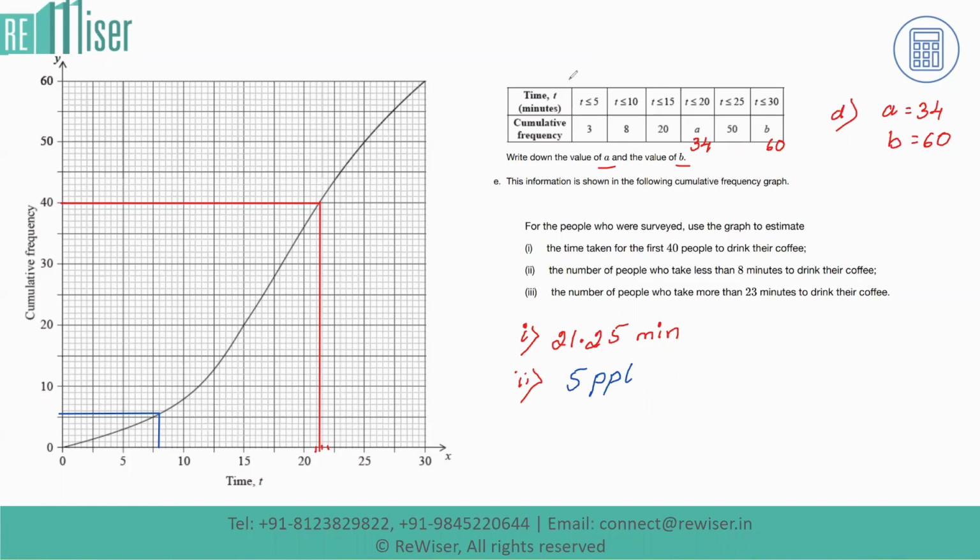Now, in part 3, they are talking about the number of people who took more than 23 minutes to drink their coffee. If I talk about 23 minutes, that's here: 21, 22, and 23 minutes is here.